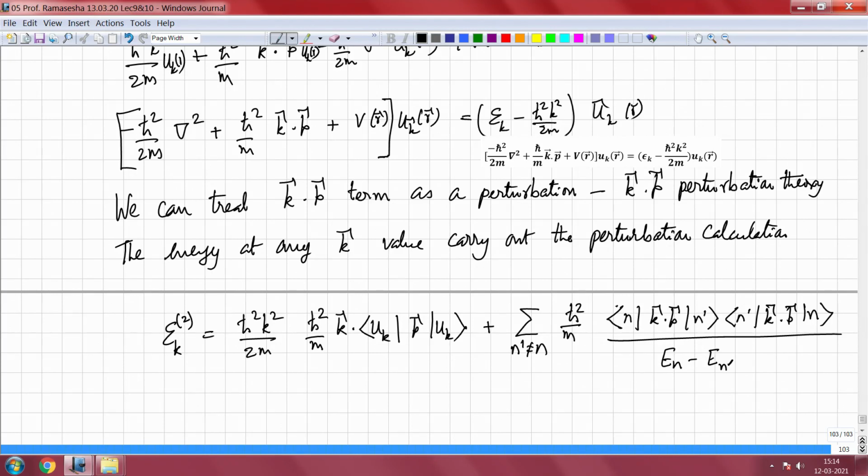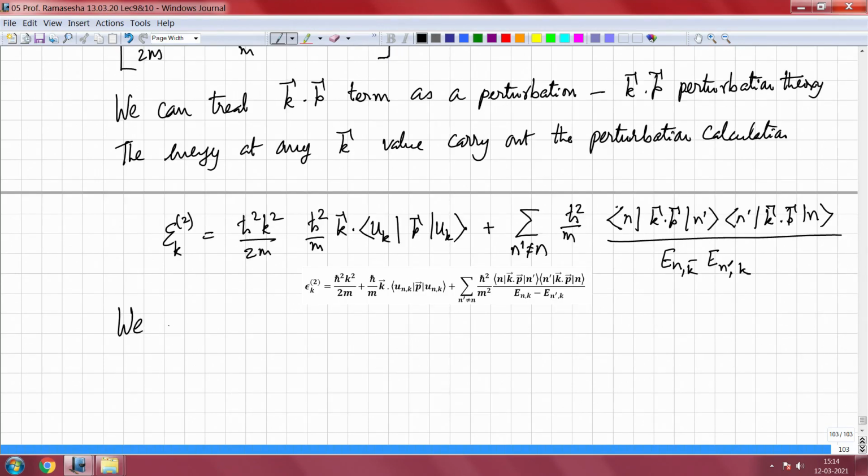Where I can put the band index here, n k and n' k. So, what I have actually done, let me explain to you. What I have done is we assume that there are several bands.